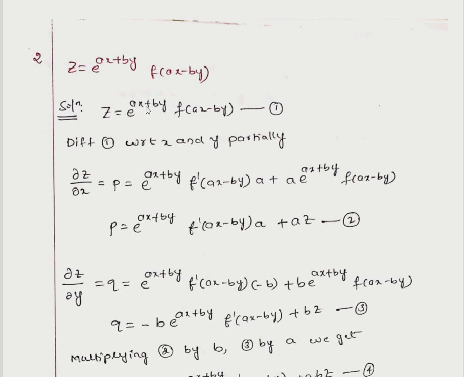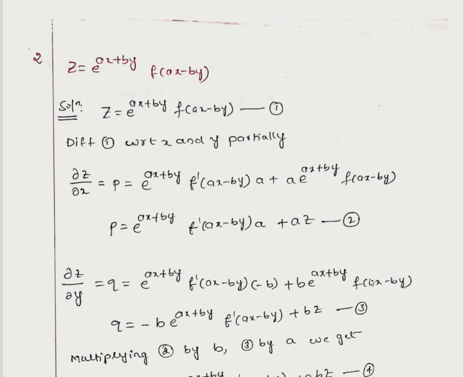How to differentiate this with respect to y? The first function into differentiation of second with respect to y. Therefore what is the differentiation of f of ax minus by? It is f dash of x minus by into, here with respect to y this is constant, 0, minus what is the differentiation of y? 1 into minus b is minus b, plus second function into, what is the second function?